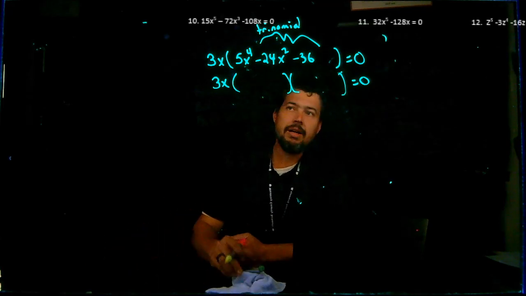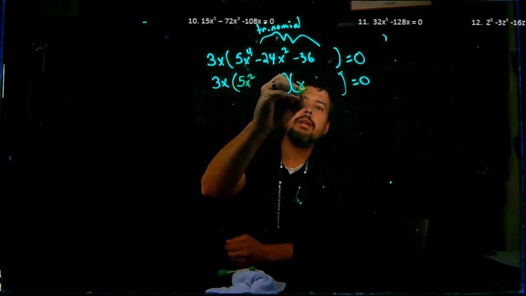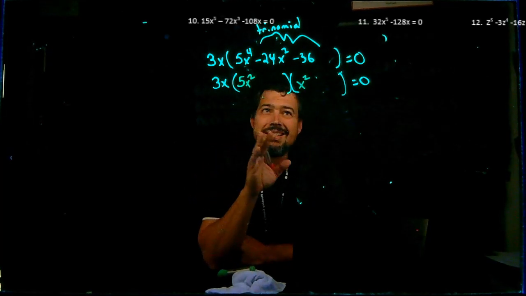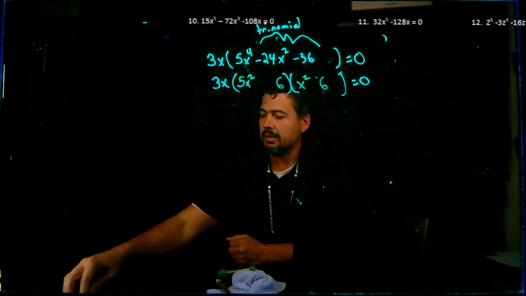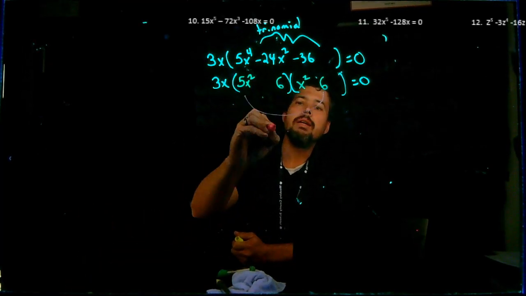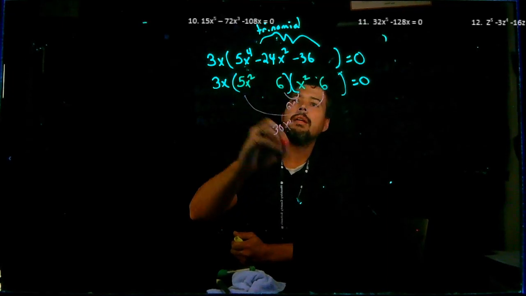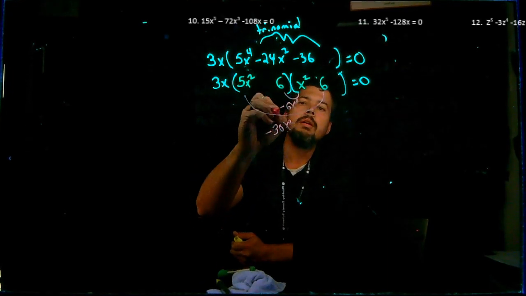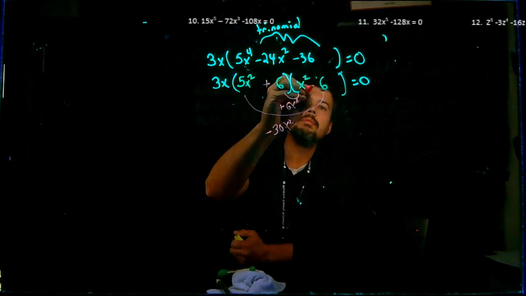So to make a 5x to the 4th, you're going to need a 5x squared and another x squared. My gut is saying that 36 is going to take a 6 and a 6. I feel like that's right, because the outside would make 30x to the 2nd, and the inside would make 6x to the 2nd. I want a negative 24. 6 minus 30 is negative 24.